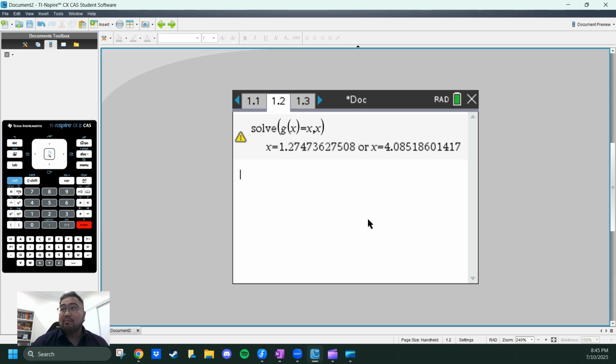And just keep in mind that these are the same values for y because it is the inverse. They will have the same coordinates. And this is 4.07, 4.07.